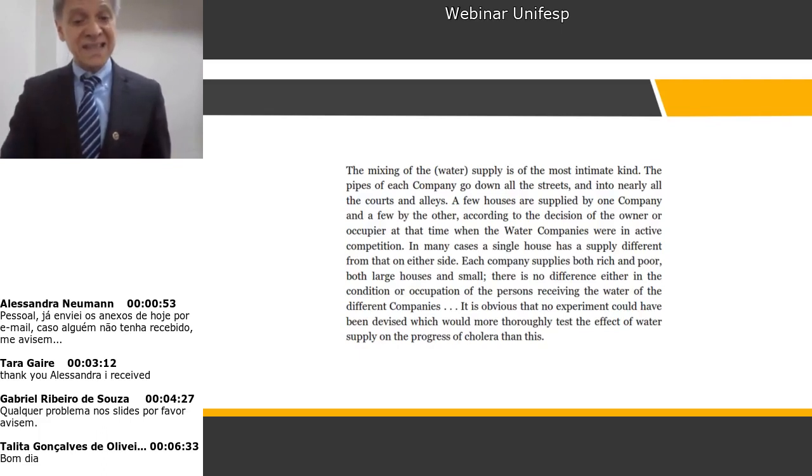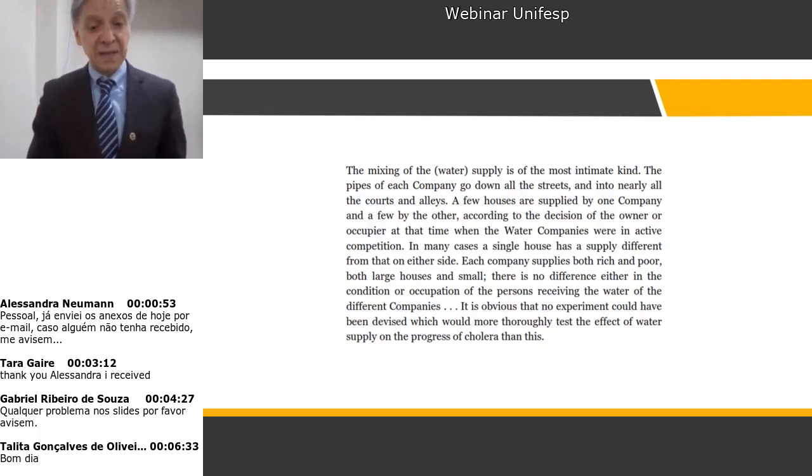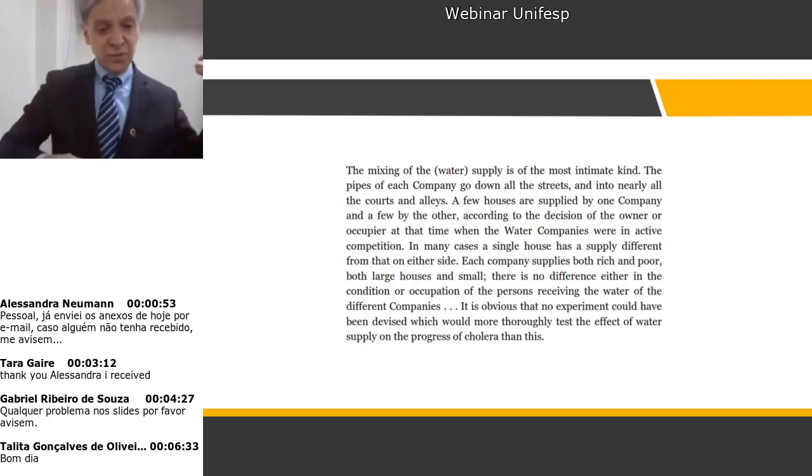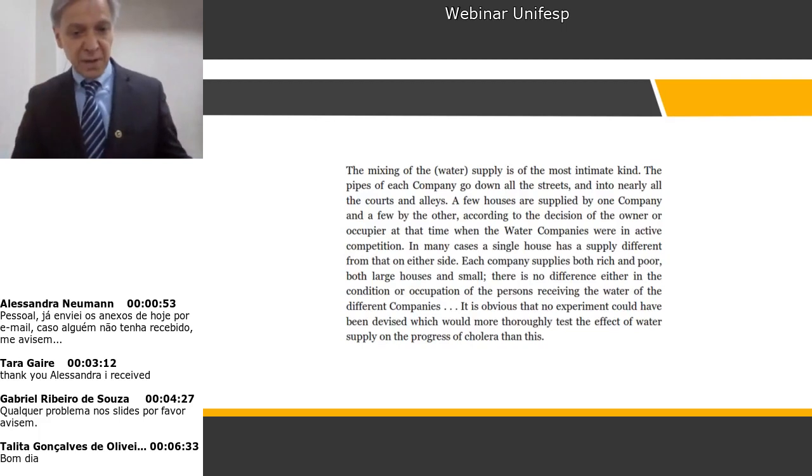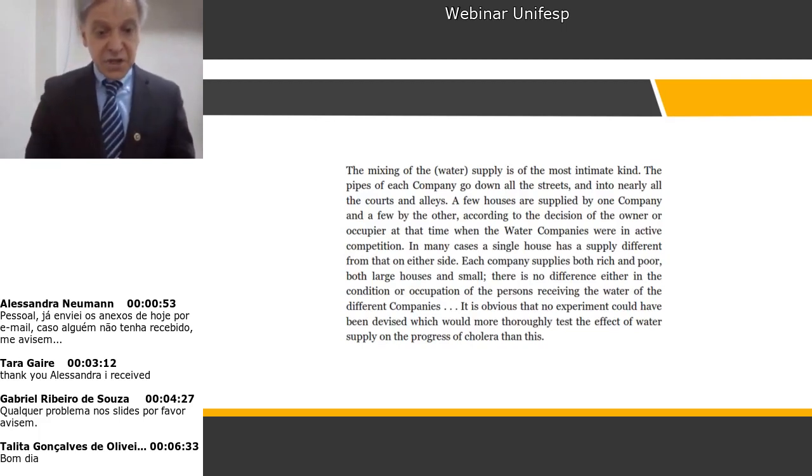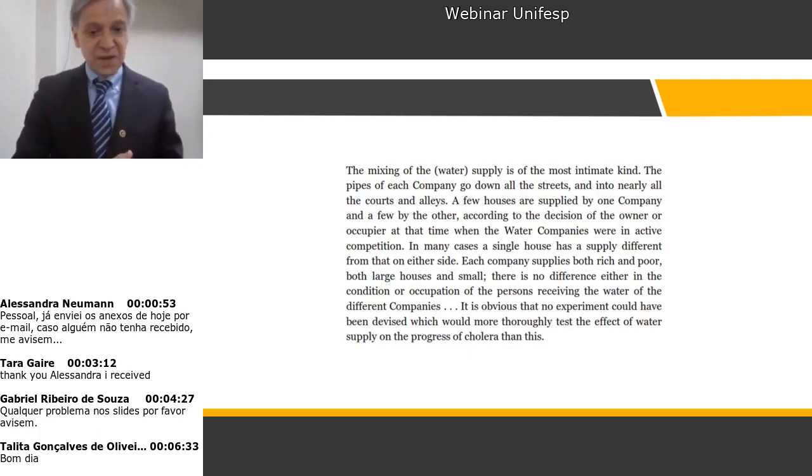In many cases, a single house has a supply different from the one next door, meaning the same street, one with Vauxhall or the other company, Lambeth. Each company supplies both rich and poor, both large houses and small. There's no difference either in the condition or occupation of the persons receiving the water of the different companies.